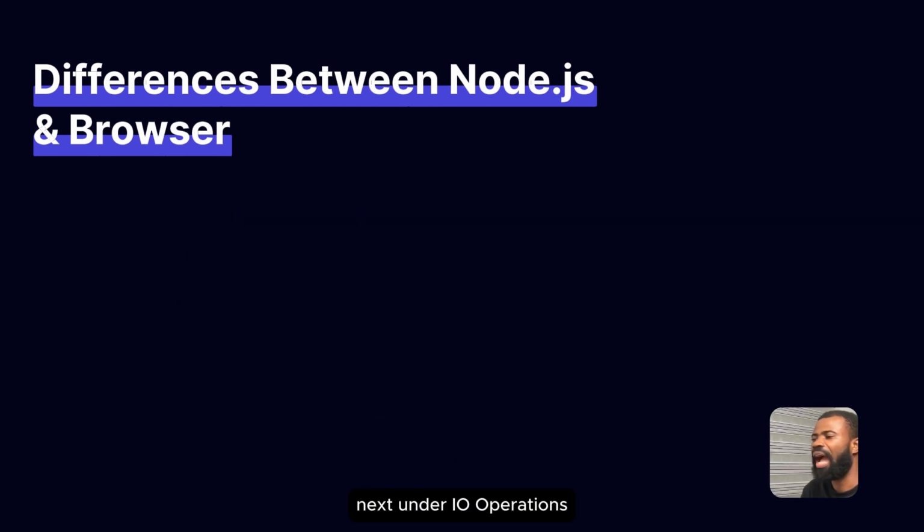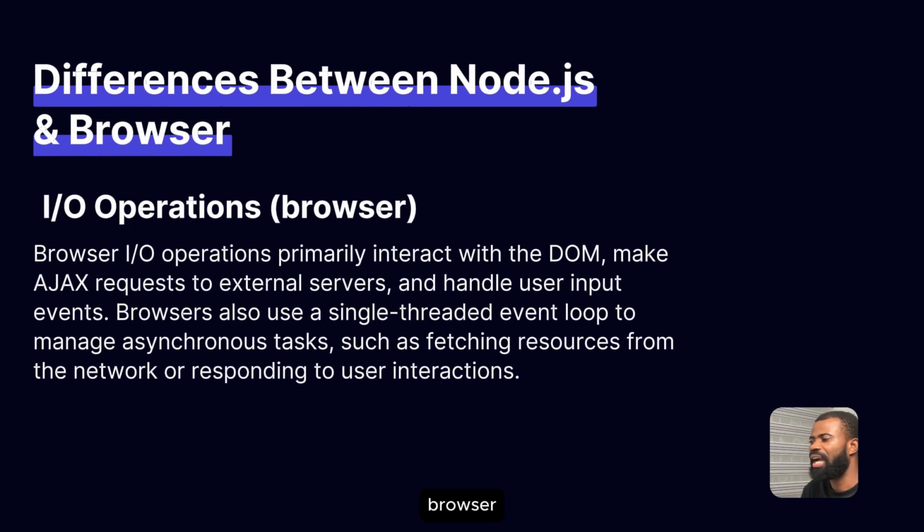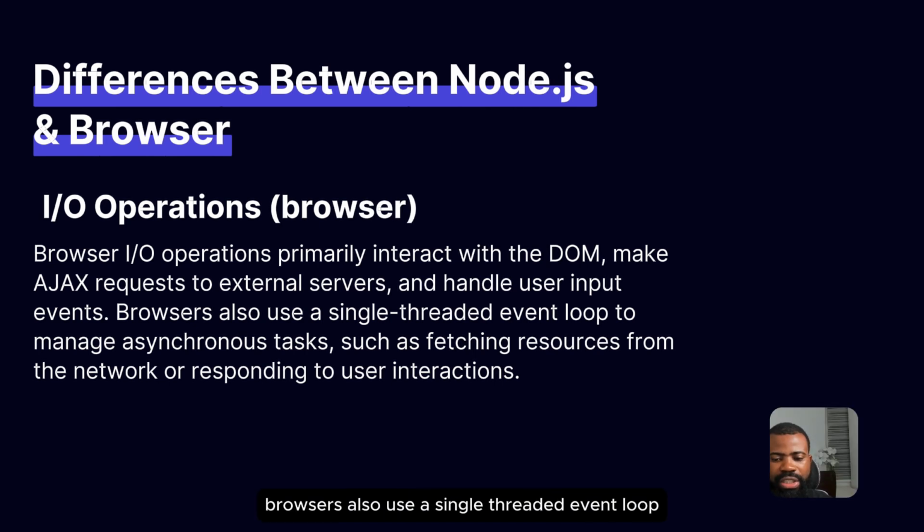Next, under I/O operations, browser I/O operations primarily interact with the DOM, make AJAX requests to external servers, and handle user input events. Browsers also use a single-threaded event loop to manage asynchronous tasks, such as fetching resources from the network and responding to user interactions.